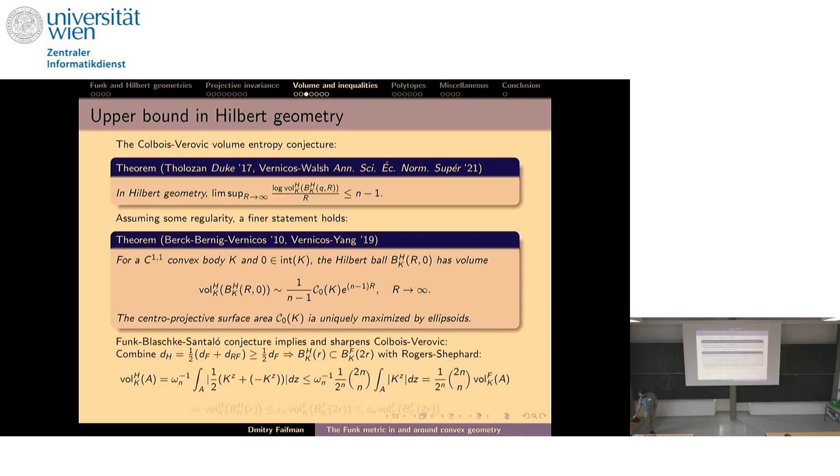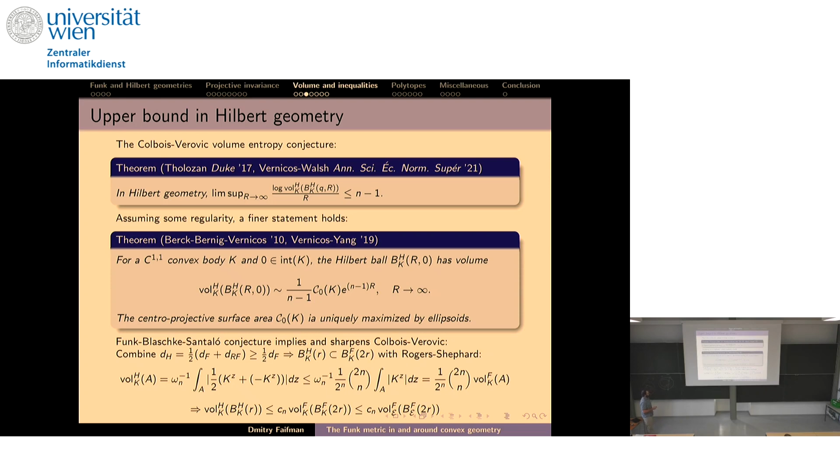Now, let me point out that, in fact, if you do prove Funk-Blaschke-Santalo, then you can recover this theorem, and in fact, in a sharper form. Here is why. Due to this inequality between the Hilbert distance and the Funk distance, there is this inclusion of Hilbert ball inside Funk ball, so that should answer your question.